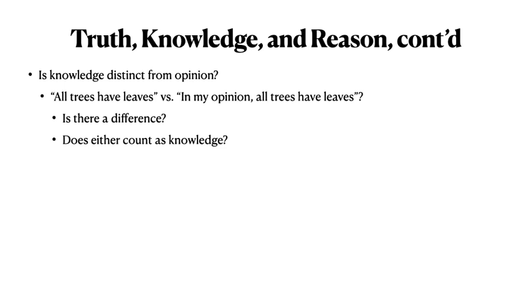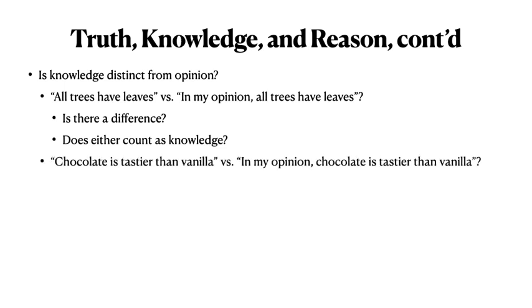Let's look at a different example. Chocolate is tastier than vanilla, versus, in my opinion, chocolate is tastier than vanilla. Well, this is a little bit different from the example about trees and leaves. Because when someone says, in my opinion, chocolate is tastier than vanilla, that person is probably trying to acknowledge the fact that different people have different preferences between chocolate and vanilla.